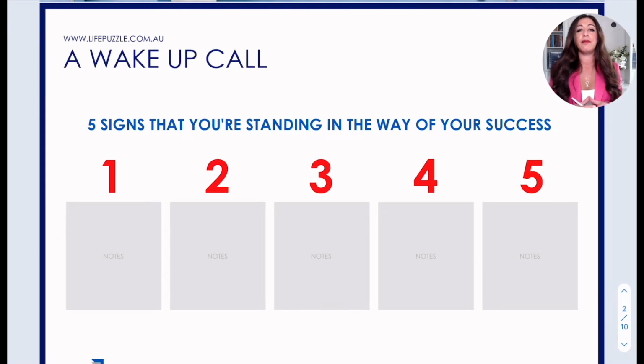Here are the 5 signs that you are potentially sabotaging your success. The first one is that you're probably focusing more on your budget than on the impact that you make. When we talk about budget versus impact, I think this is a really important concept that a lot of people often miss in achieving their sales results and their targets. I did some work a couple of months ago in an in-house sales team, working with a couple of people who had previously hit some really high budgets, so their year-to-date figure was pretty significant.